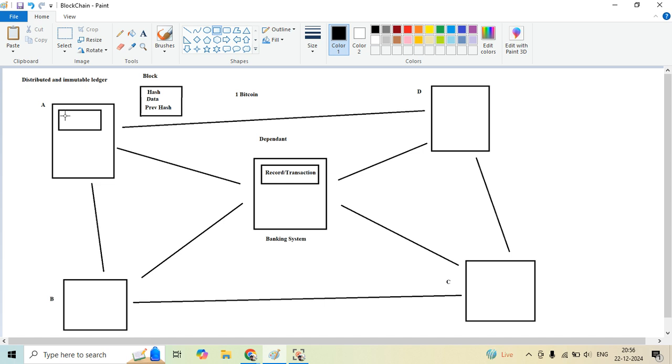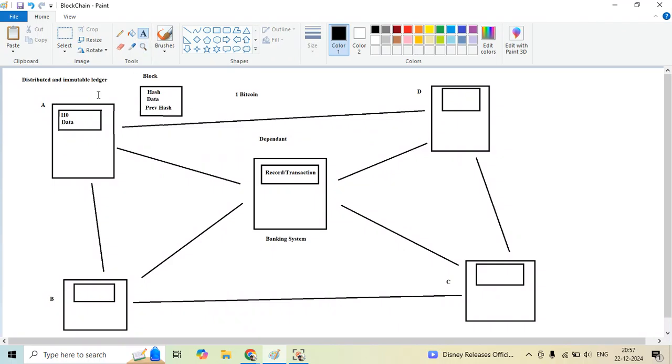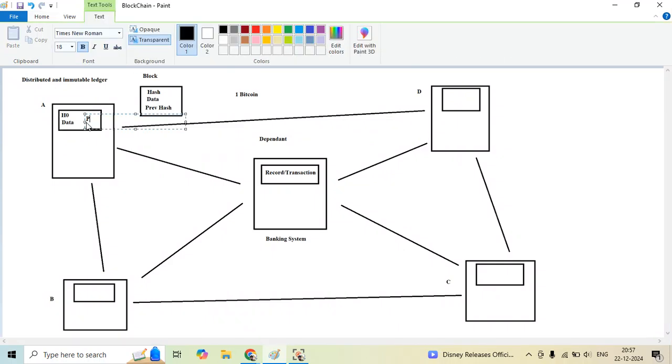So in the blockchain, we already had one of the blocks, and let's suppose that had the hash h0, and that had the data, and that had the previous hash. Let's suppose ph.